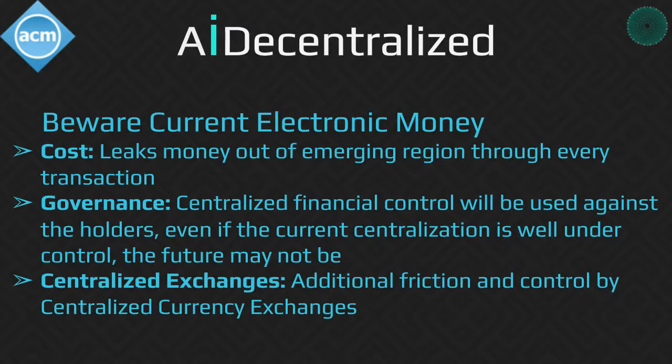if that source of control is trusted by the people, that's great. If it's worthy of that trust, that's fantastic. But sometimes it's not the case. Over 70% of the world doesn't trust their own government.